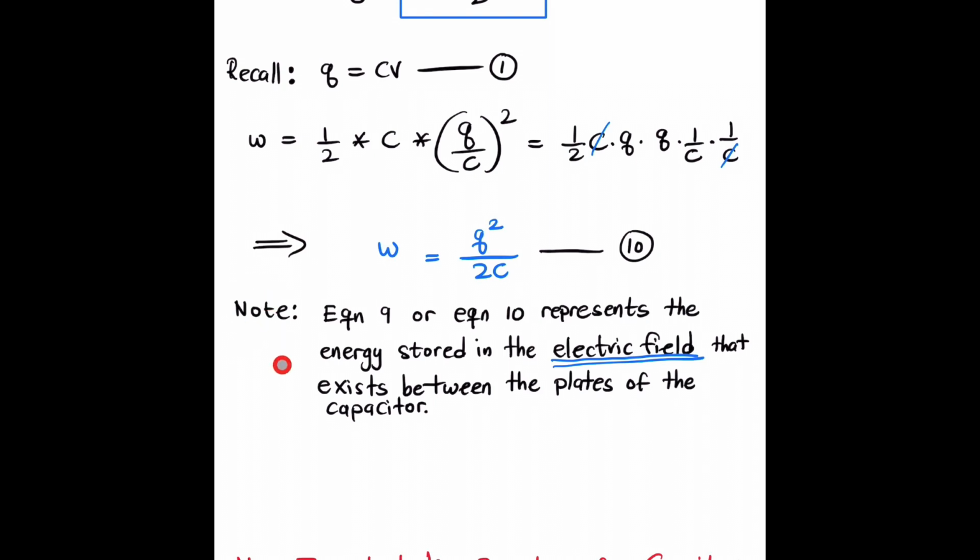Note, equation 9 or equation 10 represent the energy stored in the electric field that exists between the plates of the capacitor.